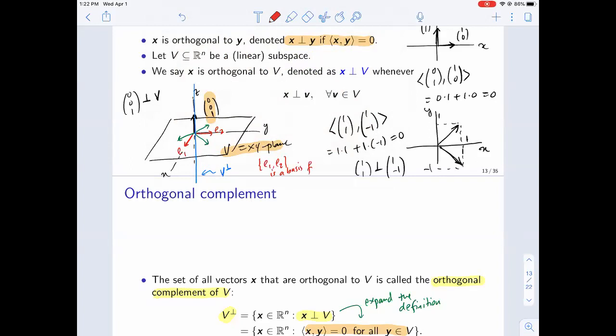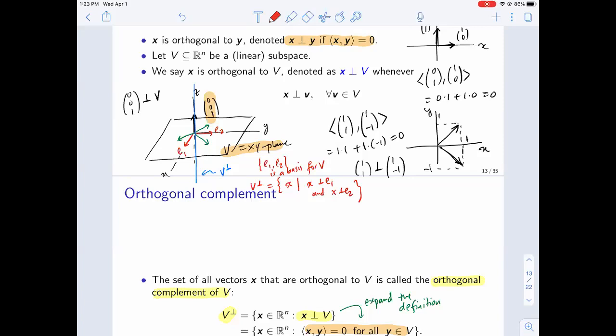And so V perp, you can equivalently write as the set of all x's such that x is perp E1 and x is perp E2. If a vector is orthogonal to both E1 and E2, basically to any element in the basis, then it's going to be orthogonal to the subspace.